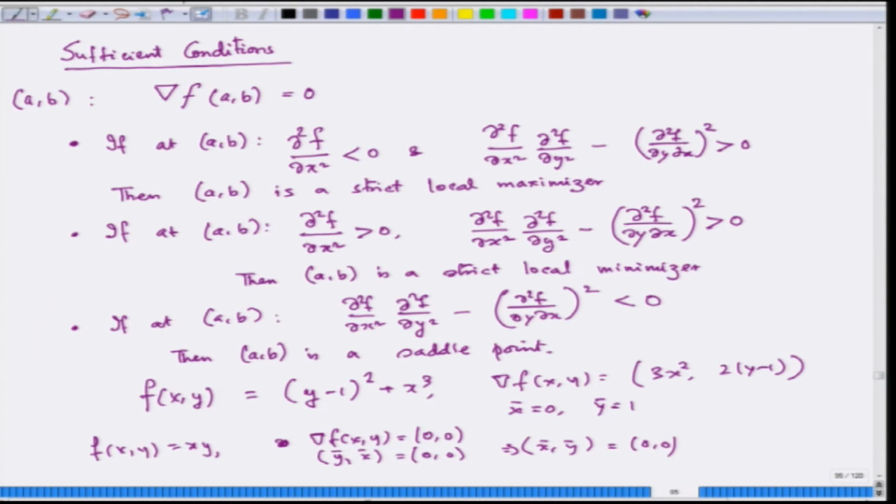You can say I can put any value of y and that will maximize it, but no, I am just looking at the point (0, 0). If I put (1, -1), it will have a negative value. So you see these are not local or global maximizers, but a saddle point.